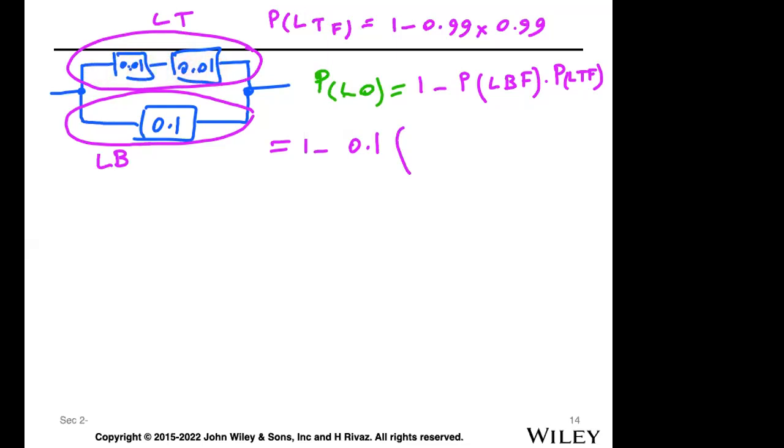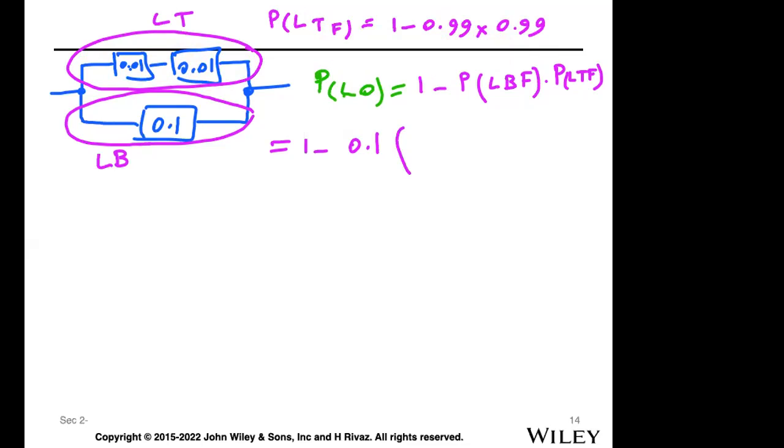The top part operates if both of these operate, so the probability of this operating is 0.99, and of this operating is also 0.99. So what I wrote is correct. This is not the only way.